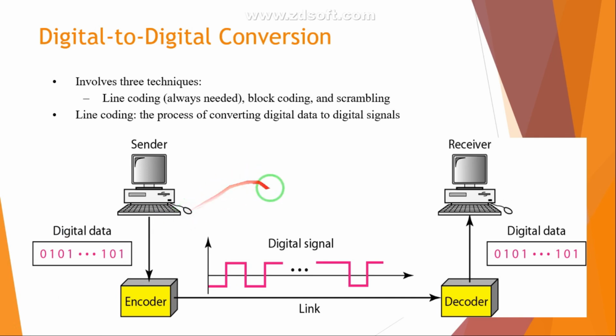For that purpose, there are three techniques: line coding, block coding, and scrambling. Basically, we are going to study line coding, the process of converting binary or digital data into digital signals.